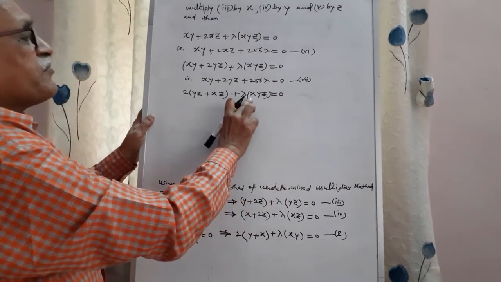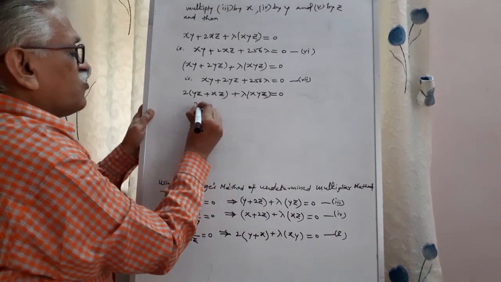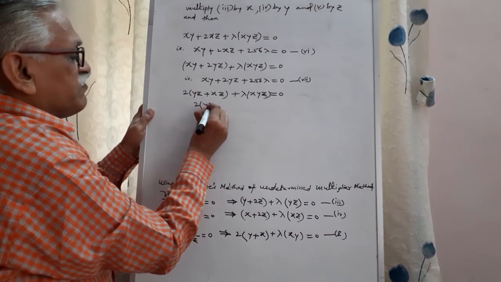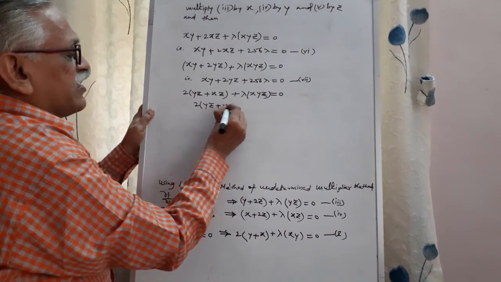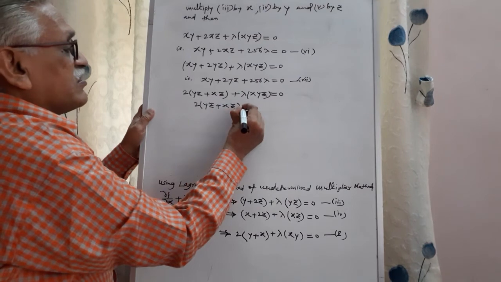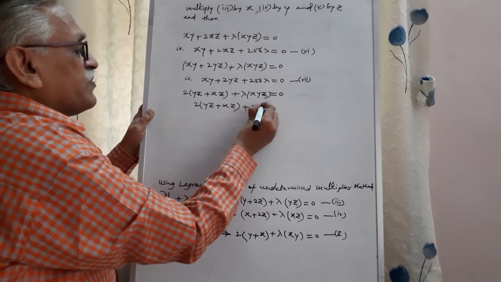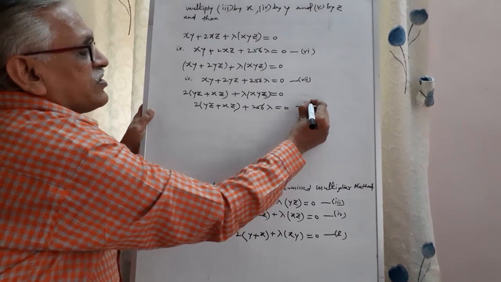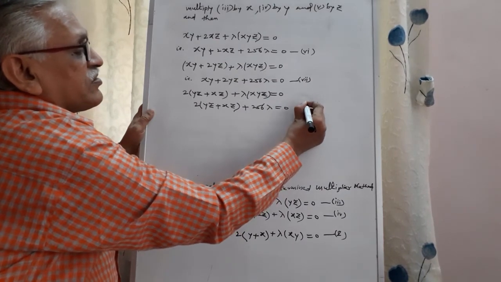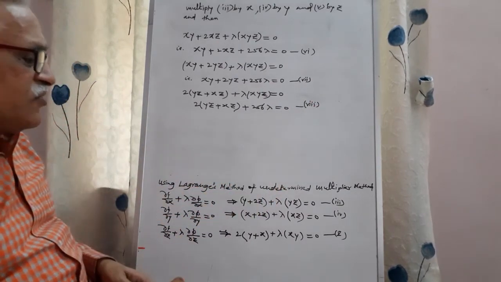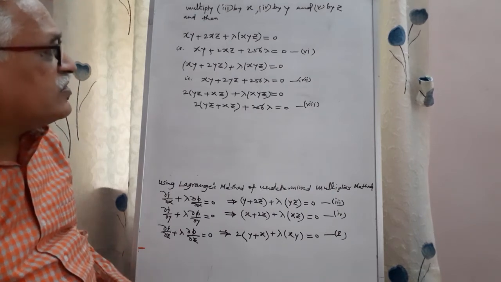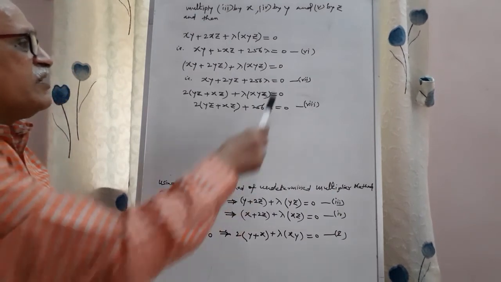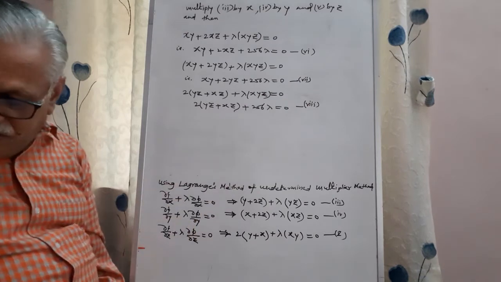Substituting the value, we get 2 times yz plus xz plus 256 lambda equals 0, equation 8. Okay, therefore we have these 3 new equations, equation number 6, 7, 8.